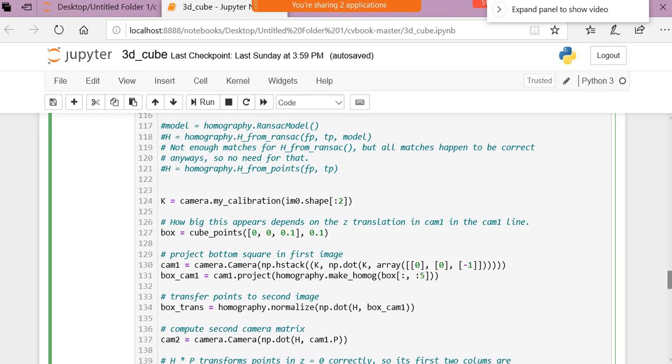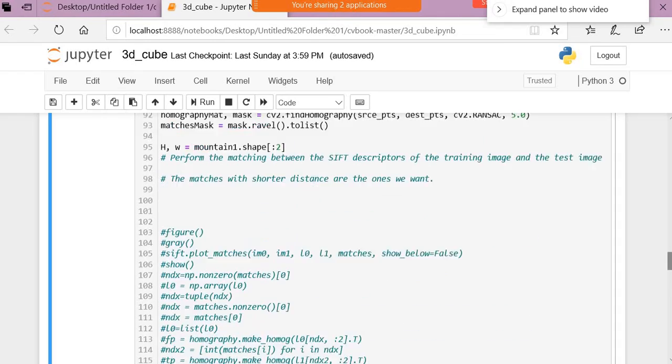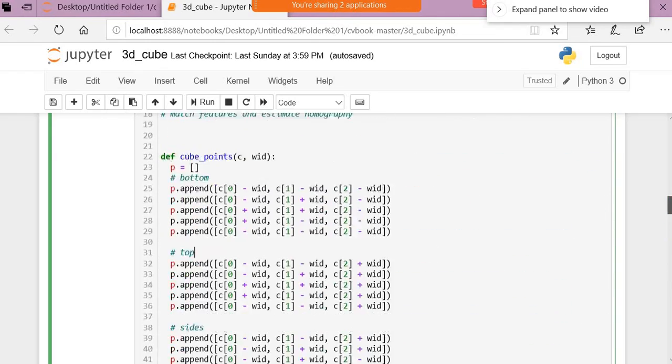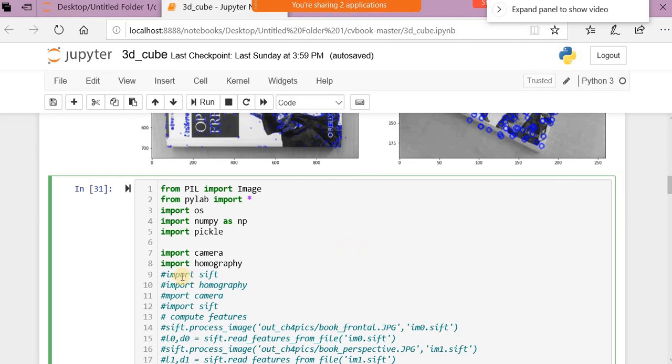So my 2 things are done: the first one is the SIFT algorithm and the second one is the homography. Now what is my last thing? The last thing is the camera calibration, because we have to visualize the object from the camera. Inside the camera module you have to first import camera. Python already provides this feature, so I am importing camera.